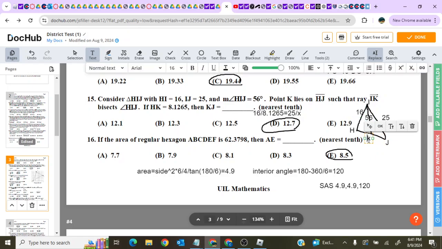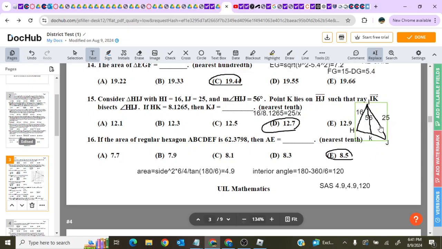I explained why in the previous two videos where this occurred, so I'll spare the explanation now. 16 over this 8.1265 has to be equal to 25 over this KJ value that we don't know. Follow that proportion, solve for x, and you get 12.7.